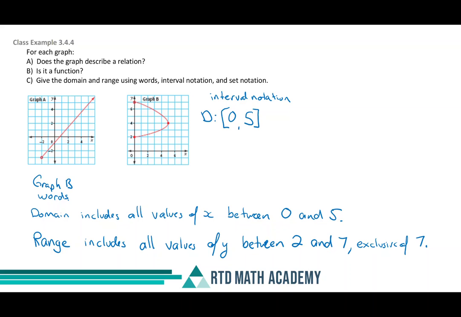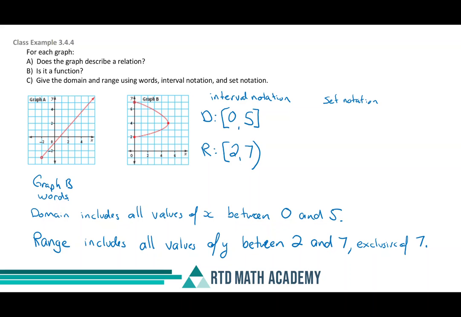That means that they were included. And our range, we're going to go from our smallest number, which is 2, up to our larger number, which is 7. We had a closed dot around 2, but we had an open dot around 7. So now my interval notation is going from smallest to largest. But in this particular case, I have a square bracket and a round bracket, depending on which end of the interval I'm looking at.